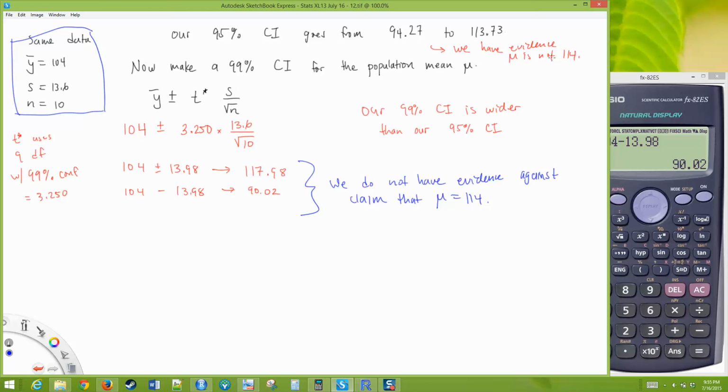On the other hand, they might say, what if you wanted to be 99% confident? Now, you can't make such a bold statement anymore. So if I want to be 99% confident, then I can no longer claim that I have evidence against 114.